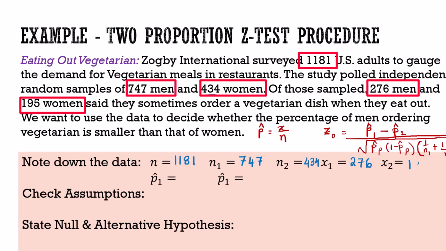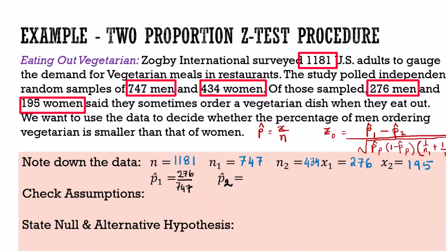So that's 195. So P hat sub 1 is going to be x sub 1 divided by n sub 1. All right, be very careful there. We have to make sure that we use the right values to find our sample proportions. And I already see a mistake here, which I'm going to correct, that this one is going to be P hat sub 2.